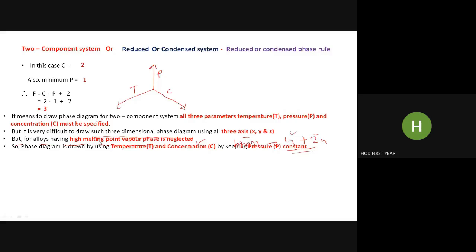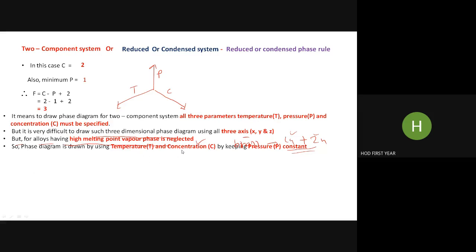This is only for alloys I am talking about, because alloys have very high melting point. Practically we don't reach the high temperature at which they vaporize. So the phase diagram is drawn with temperature and concentration as parameters, keeping pressure constant, especially 1 atmosphere, room temperature. See, in case of the water system, we selected temperature and pressure.